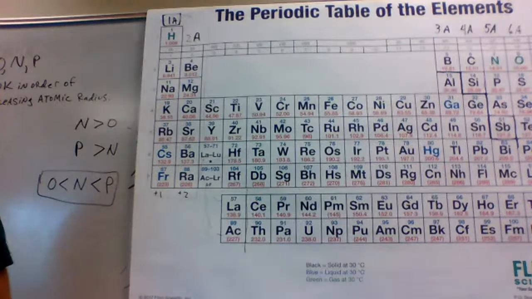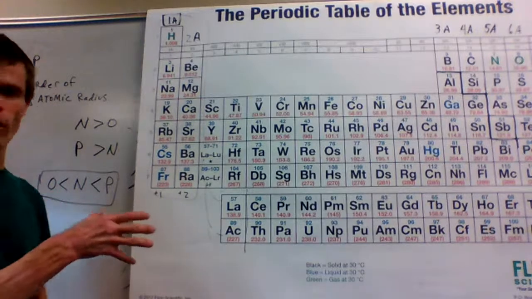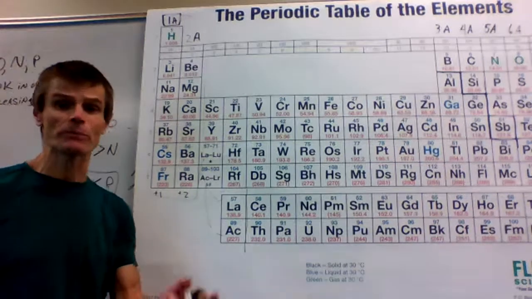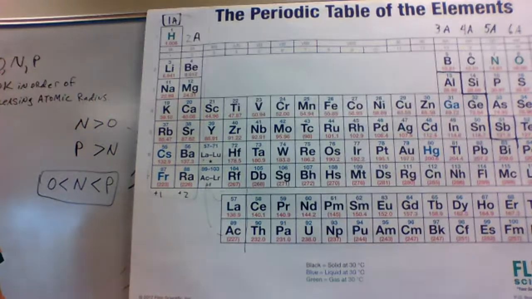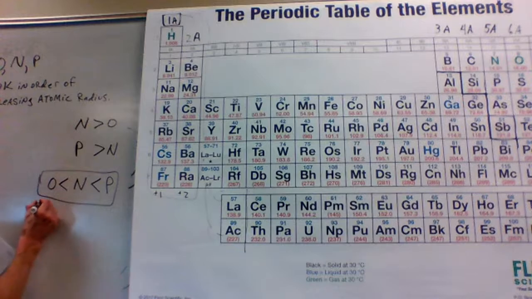And I have some data on today's PowerPoint. Again, we want to rank them using periodic trends, but here's some data to verify our findings. Oxygen has a radius of 73 picometers. Nitrogen is 75.